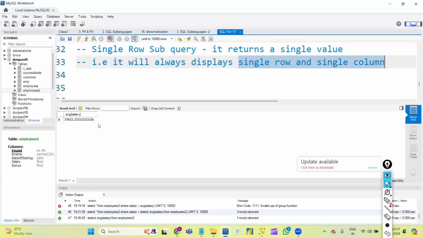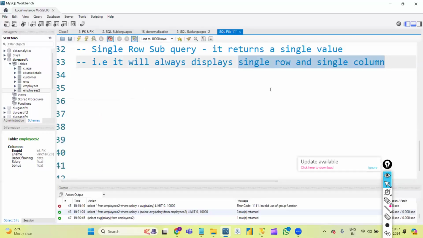You can see we have only a single row and a single column here. Basically, we can consider this as a single value. Whenever we are solving any subquery, if it displays the result as a single value, that subquery is considered a single row subquery.